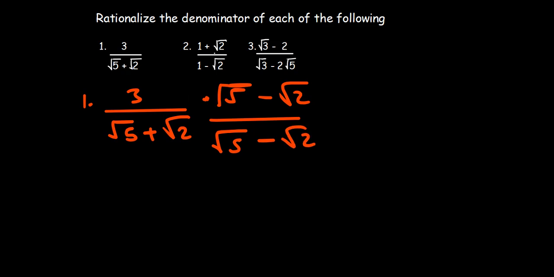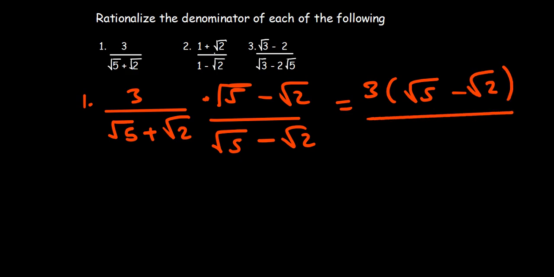So from here, what are we getting? The 3 multiplies the entire expression, root of 5 minus square root of 2, on top. In the bottom, when you have a minus between these terms, you just square, as we did a squared minus b squared.